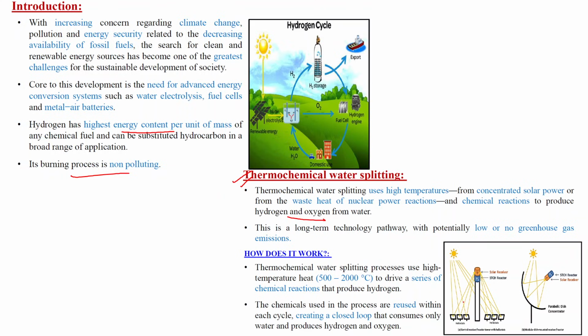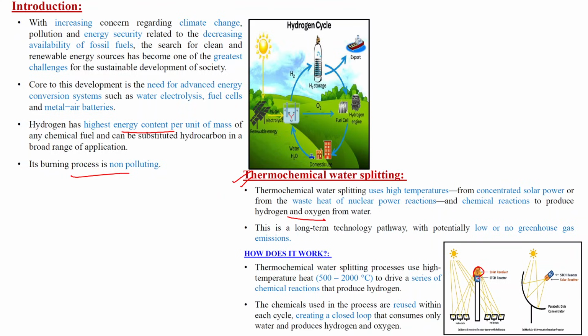For example, as we studied in the last class, suppose this is the solar energy falling onto these heliostats or parabolic dish concentrators. The sun rays are taken to the solar receiver, and at the receiver, as we know, it takes a lot of energy.